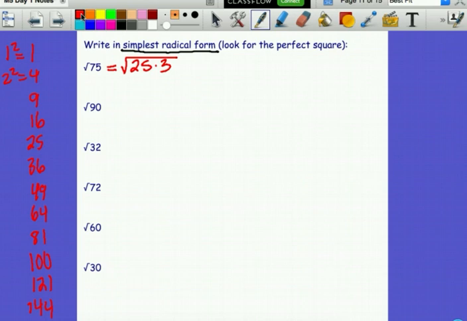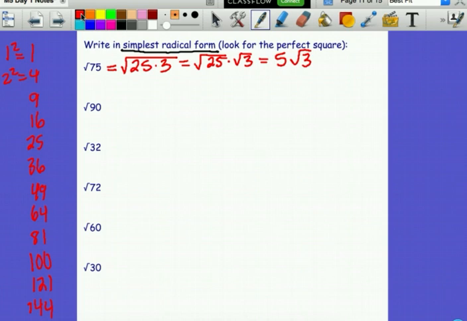And then using the property of square roots, I can break that up into the square root of 25 times the square root of 3. And the square root of 25 is 5, and my square root of 3 remains. So the square root of 75 in simplest radical form is 5 square roots of 3.